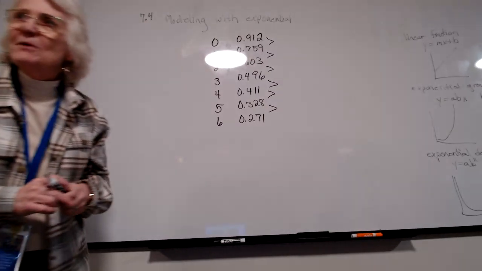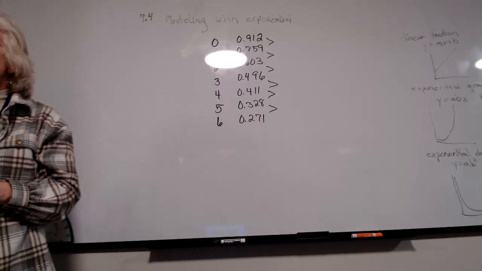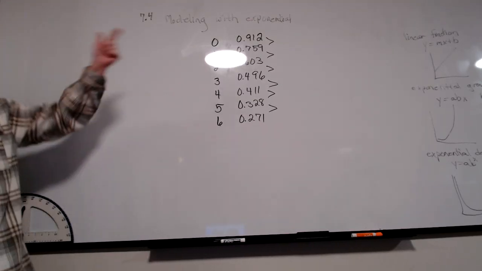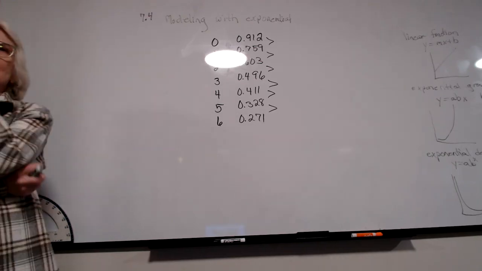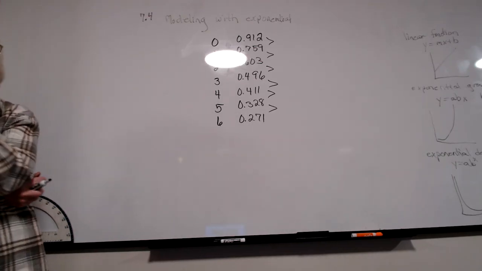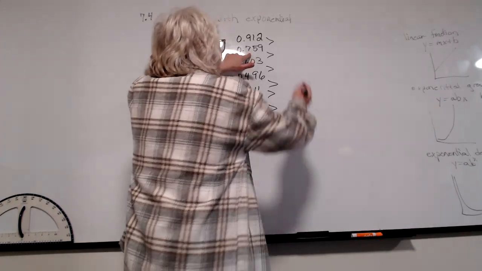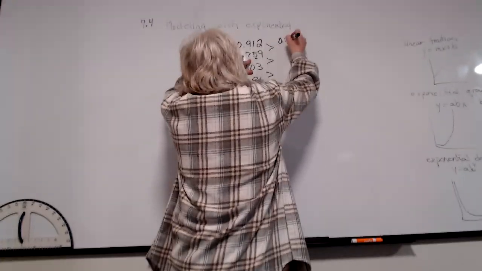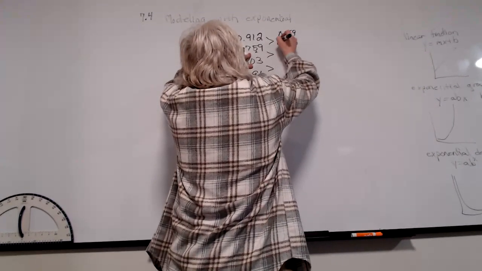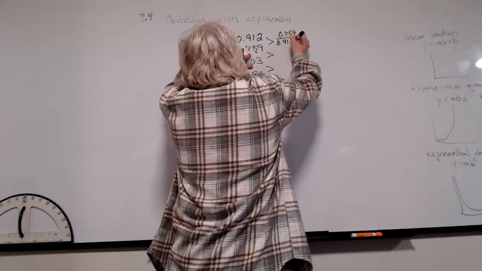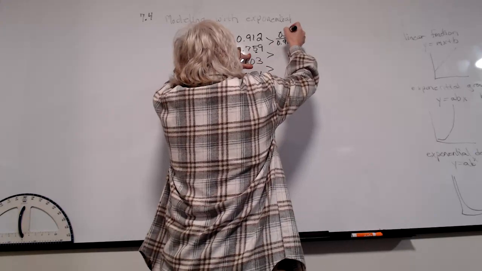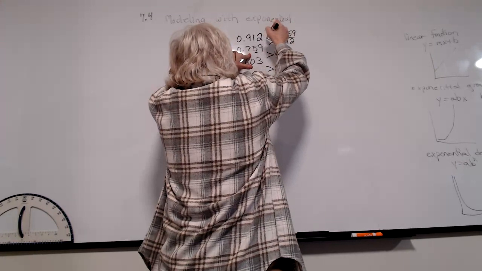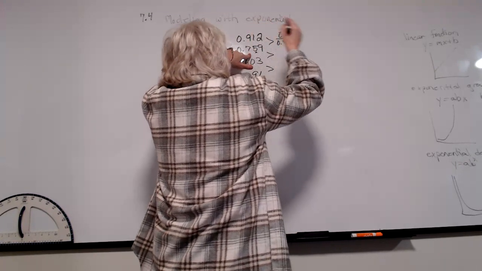How do I find what we multiplied by to get from 0.912 to 0.759? Division. So we take 0.759 and divide it by 0.912, because whatever I get is what I multiplied 0.912 by to get 0.759.